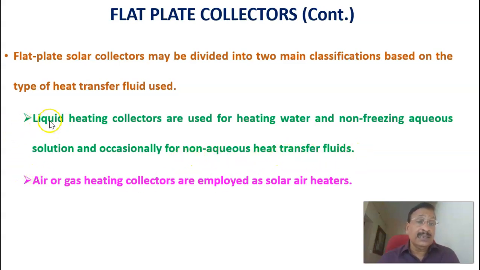The second type is air or gas heating collectors, employed as solar air heaters. Either liquid or air or gas is passed through. That is the flat type collectors.